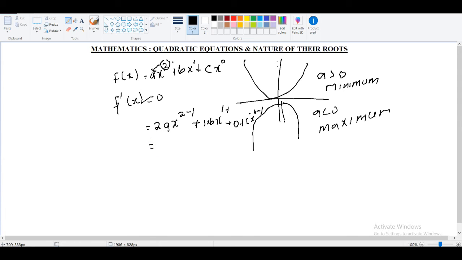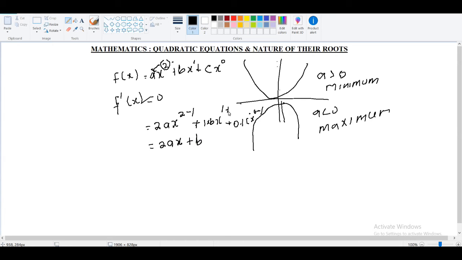Okay, so what do we have here? Here you have 2a, and 2 minus 1 gives x to the power 1. Even if you don't write that 1, it is not important, by the way. So you have 2ax plus, in this case, 1 times b is b.